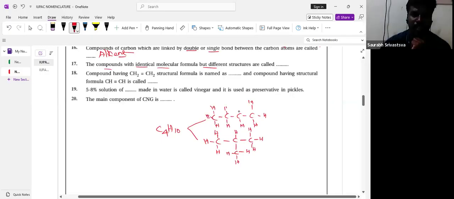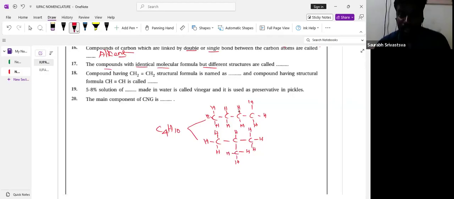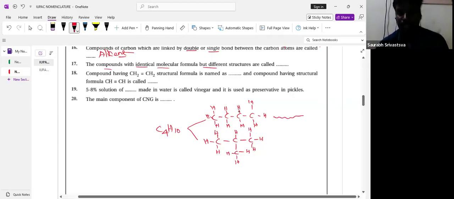See, in both the structures, the number of carbons and the number of hydrogens are equal. But this one is a linear structure, but here it is a branched structure. So this is different.